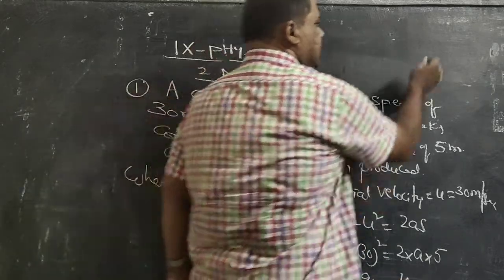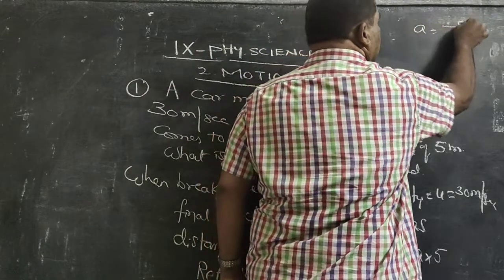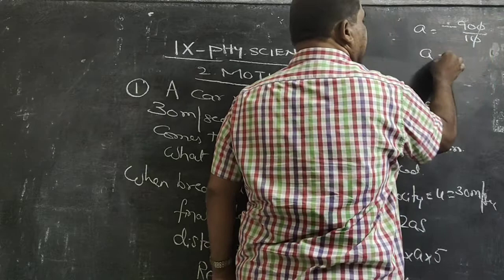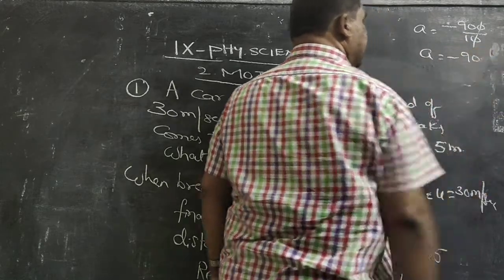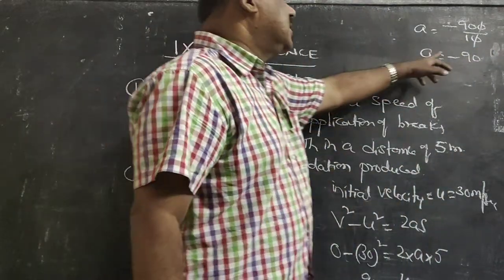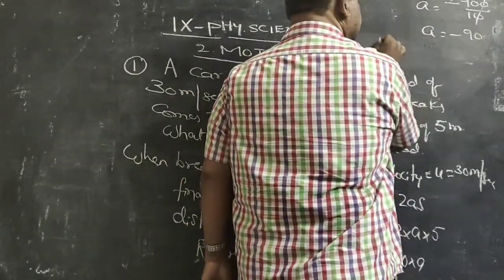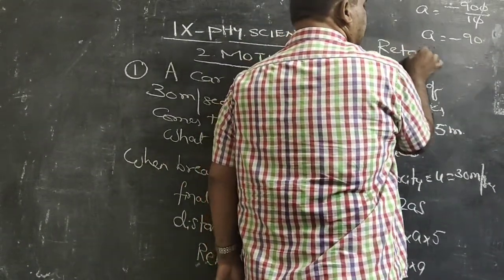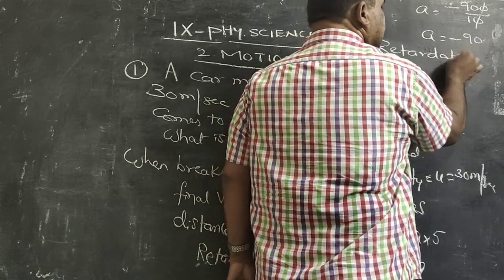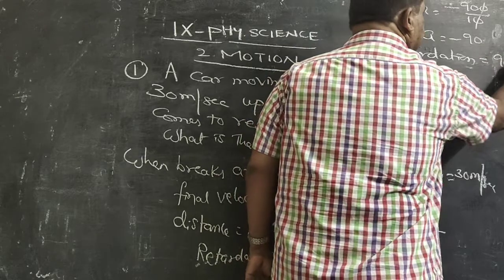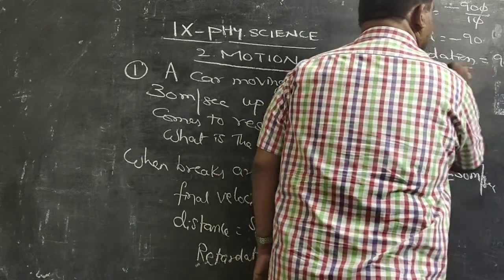Sending 10 to this side, we get a is equal to minus 900 by 10, that is, acceleration is equal to minus 90. This negative acceleration we call retardation. If acceleration is minus 90, retardation will be plus 90. Both are of opposite sign. So retardation is equal to 90 meters per second square.